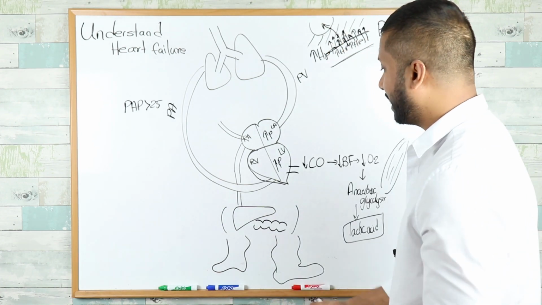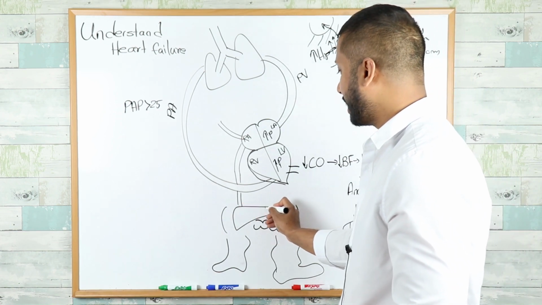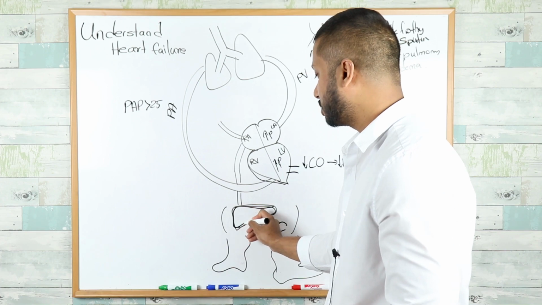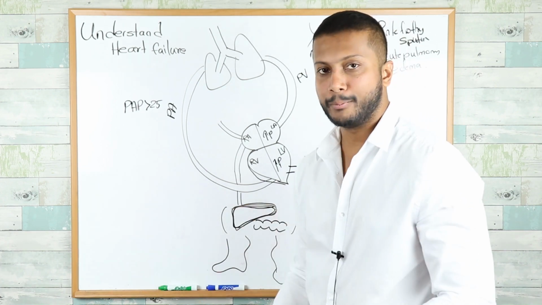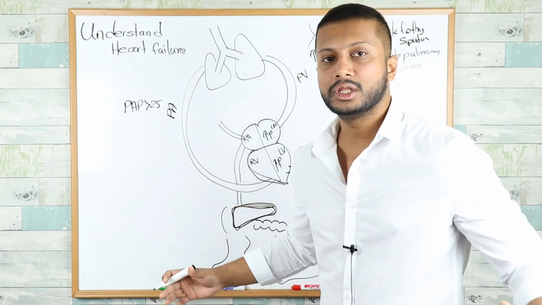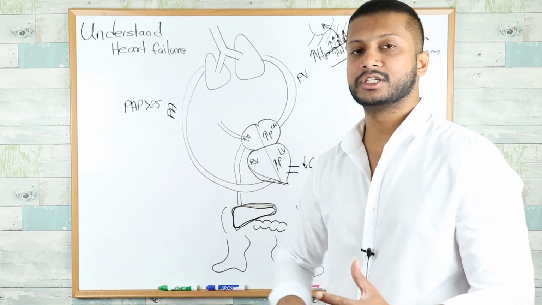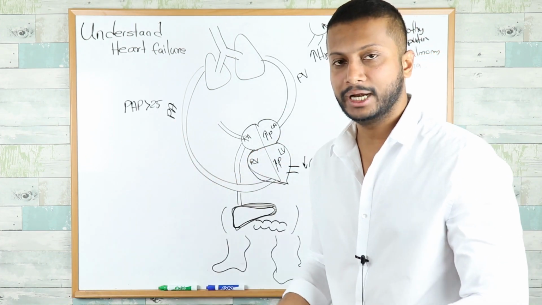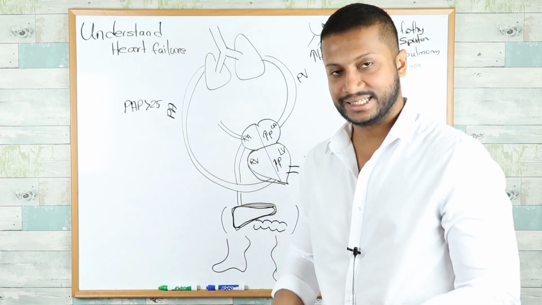The other symptoms you're going to get are ascites and also congestive hepatomegaly. The reason is a lot of pressure within your IVC, and all the drainage of blood from the liver goes to the IVC, so the back pressure causes hepatomegaly. And you can also get ascites.